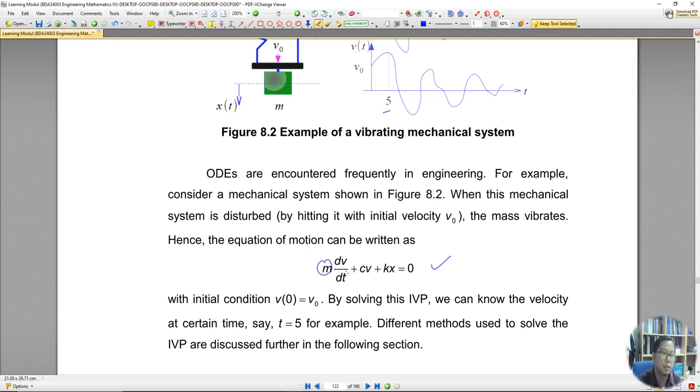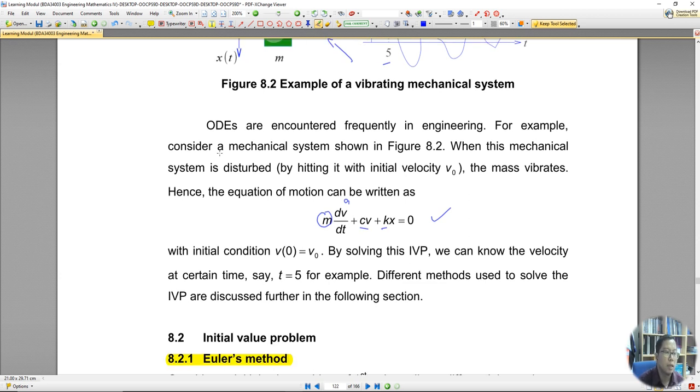So m is the mass, dV/dt is the acceleration, and c multiplied by V, and kx. So this is considered the model of this vibrating mechanical system.